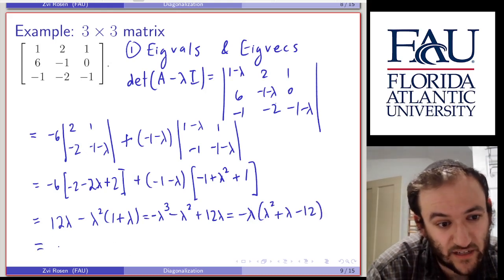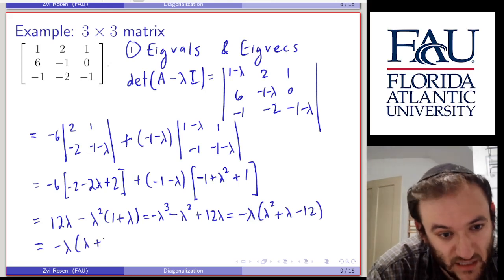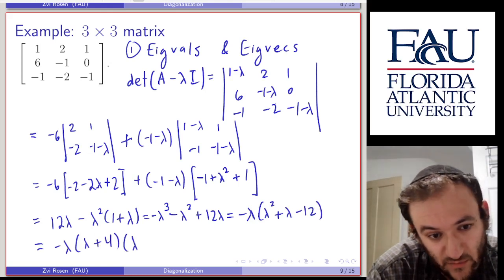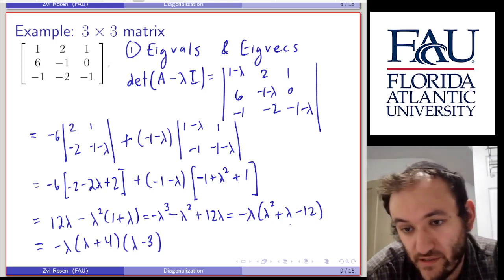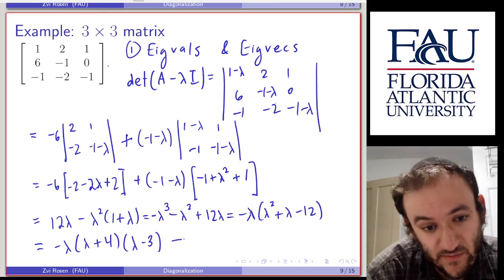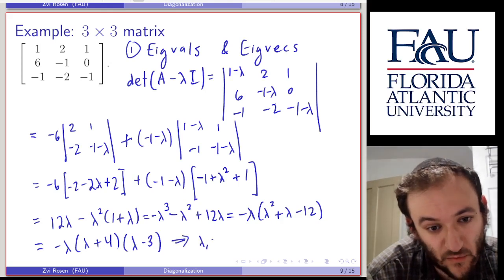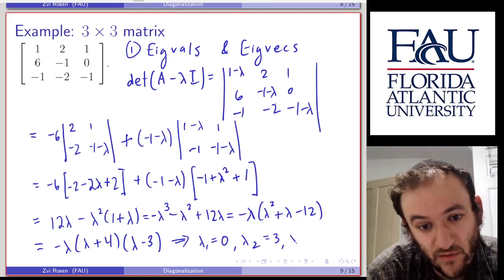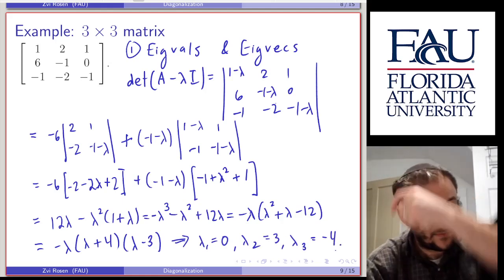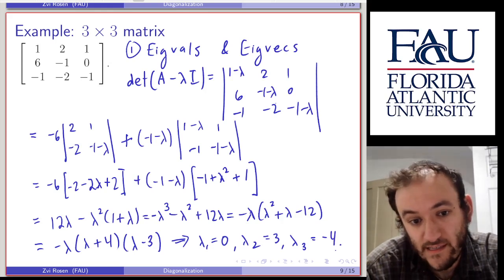And this has its factors, so minus lambda, (lambda plus 4), (lambda minus 3). That factors the quadratic. So the eigenvalues are lambda 1 equals 0, lambda 2 equals 3, and lambda 3 equals -4. That's step 1, the eigenvalues.